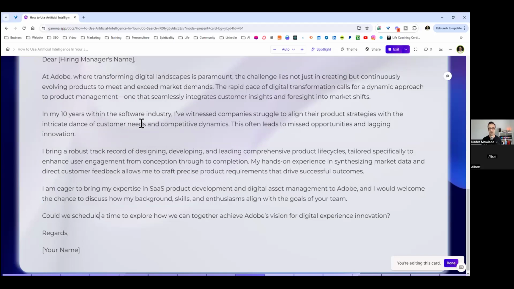There's a clear problem. There's a clear consequence if we don't address that problem. And there is a solution being proposed and an invite to a conversation where we can discuss how that proposal can be implemented. So Adobe achieves their vision, not Albert getting a job at Adobe. It's not about me. It's not about the person writing the cover letter.